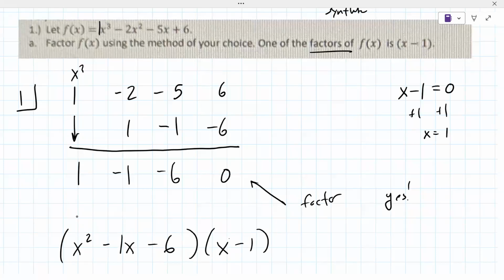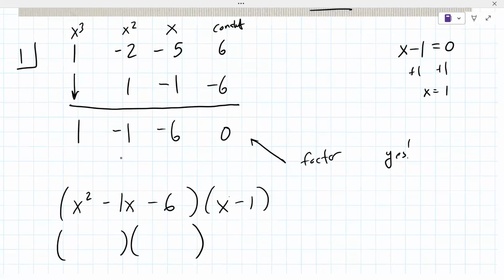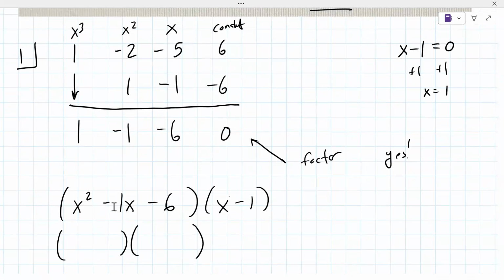So it was x cubed, it was x squared, a constant, and now it's this. So you're trying to factor this: two numbers that multiply to -6 but add to -1. Like -3 and +2. Yes.